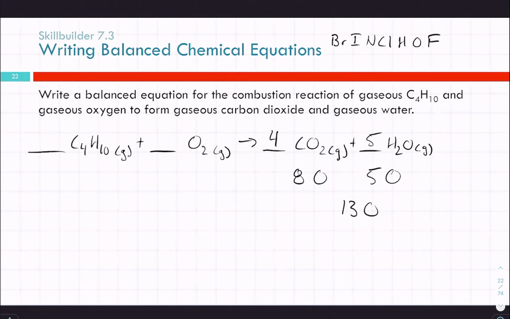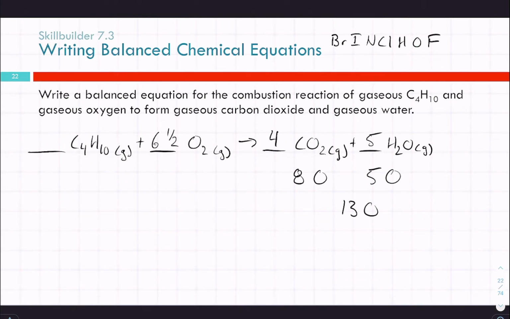So to get 13, we have O2 on this side. We can't change that 2, so we have to multiply it by a coefficient. One of the things you could do is just take 13 and divide it by 2. So that gives us 6.5.